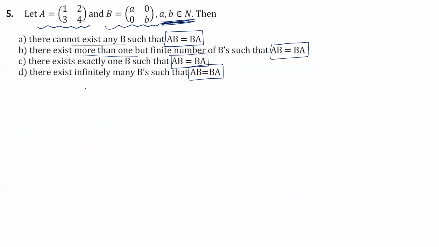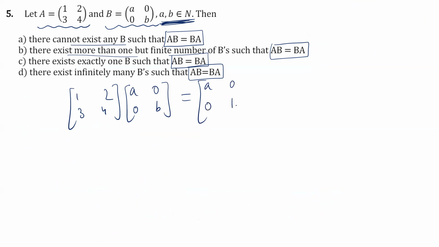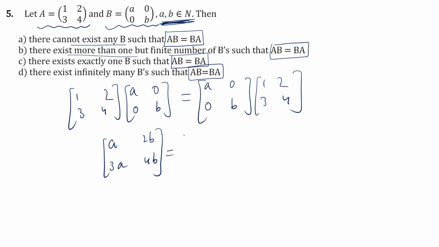So here let us calculate AB equals BA. So A is 1, 2, 3, 4. B is A0, 0B. Then equals BA. BA means A0, 0B into 1, 2, 3, 4. All right. So this becomes 1 into A, 2 into 0, that is 0. So this becomes 2B. Here 3A and 4B equals A0 with 1, 3.